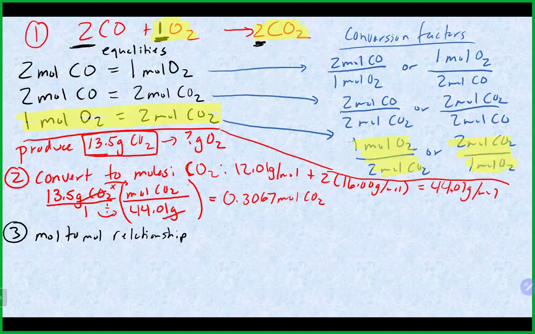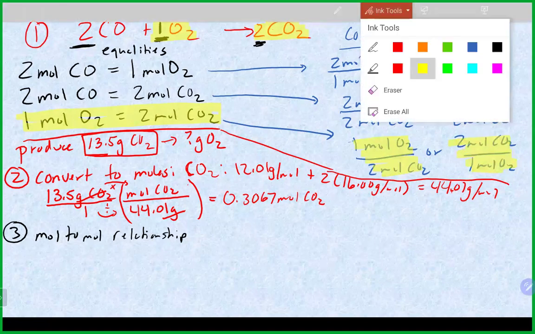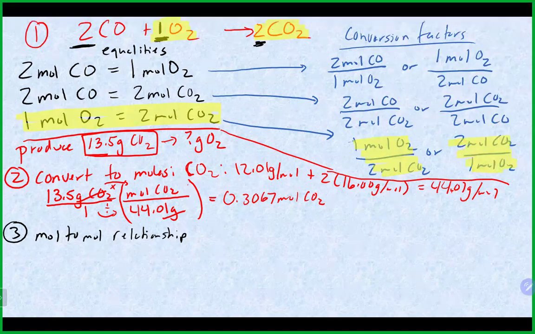And the one I want to use is the one where opposites cancel. Right now, I have moles of CO2 and I want to get rid of them. So CO2 would be on top, which means in order to get rid of the CO2, I would have to use the conversion factor here on the left because that has the CO2 in the opposite location.